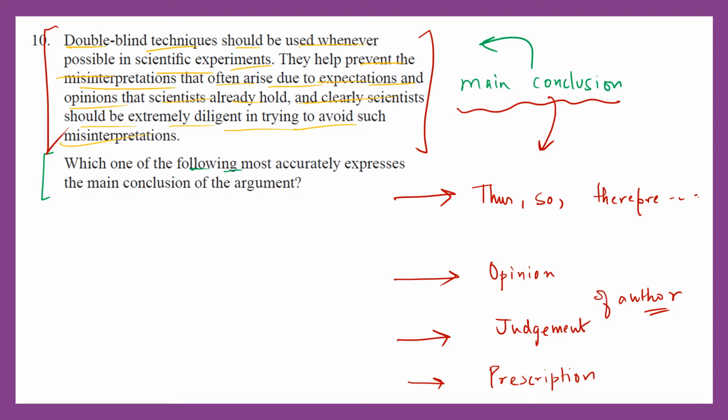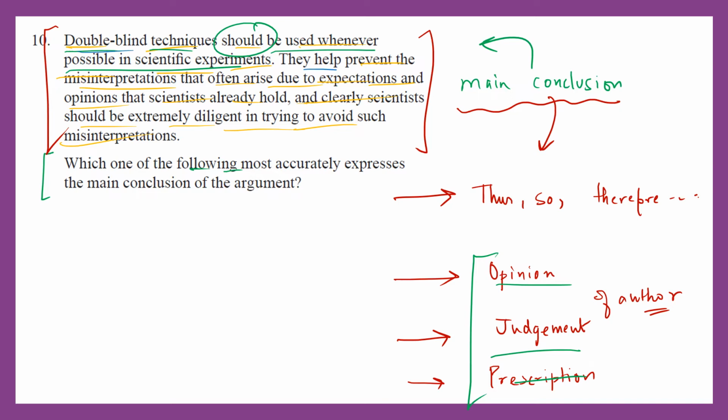Of course, we see that here when it says double-blind technique should be used whenever possible. So this looks kind of like an opinion, judgment, prescription. And what follows, just the one sentence thereafter, tells you what a double-blind technique helps with.